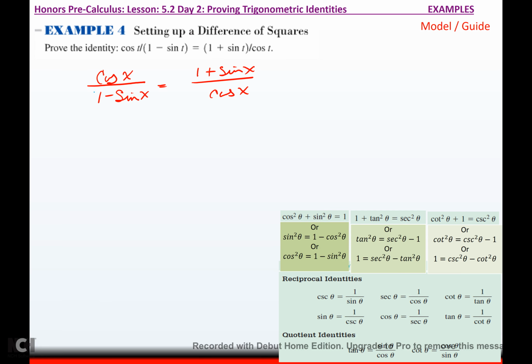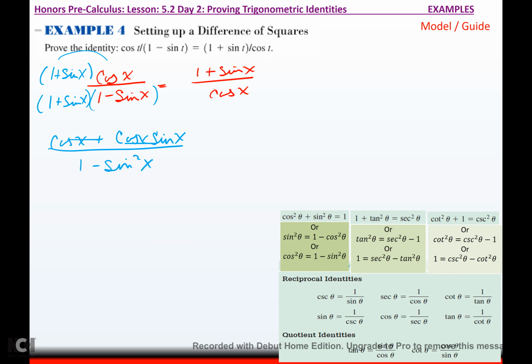So if I multiply by its conjugate, 1 plus sine x, but I have to do it to the top. So on top, I'm going to get cosine x plus cosine x times sine x over, this is going to be difference of squares, so it's going to be 1 minus sine squared x.